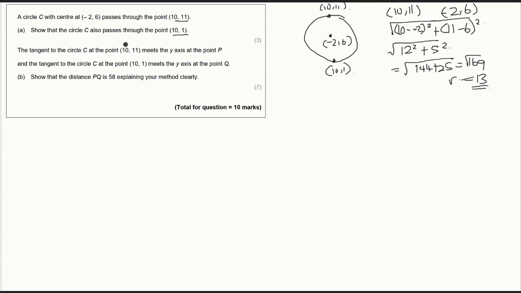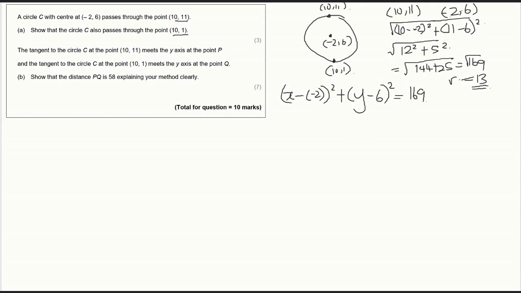Okay, show that the circle passes through (10, 1). So if I form the equation, let's say (x minus x1), the center, (x + 2) squared plus (y minus 6) squared, this should be 169.